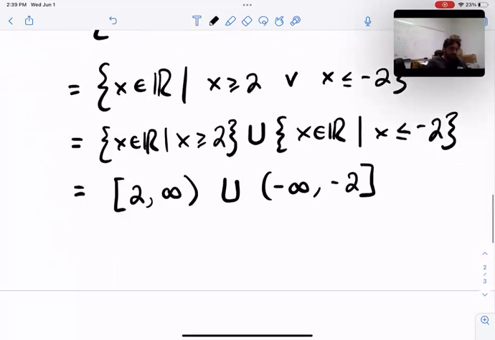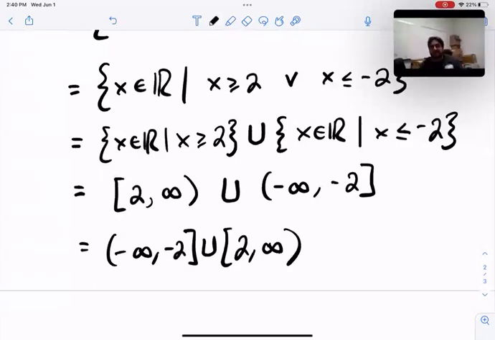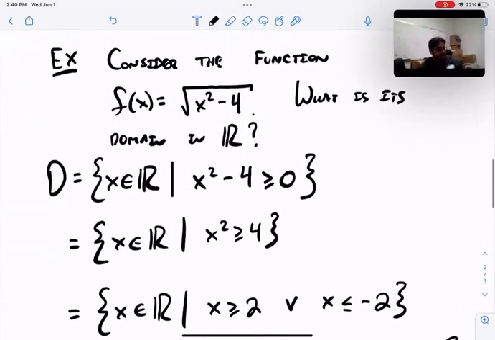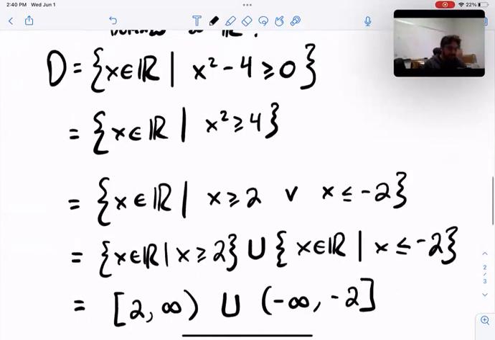And you leave it written like that, or you could write it instead like this, right, as a union of those two sets. So this is a very familiar context, doing something very familiar, finding a domain of a function, just like you might in pre-calc or in college algebra, right? But it's doing it in a pretty different notation, right? We're using set builder notation and unions to express these sets.